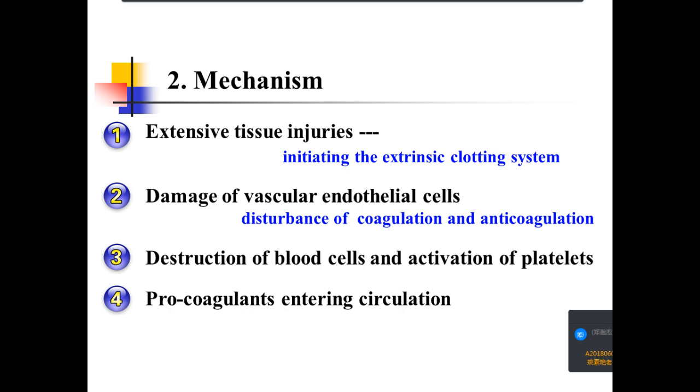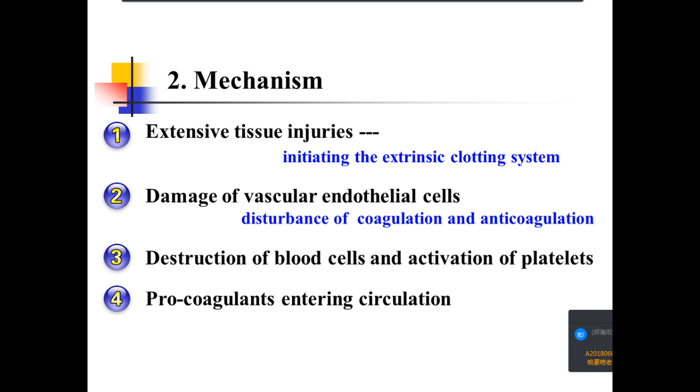Now the other three. First, damaged VEC releases less PGI2, NO, and ADPase, so there is vasoconstriction and platelet aggregation.